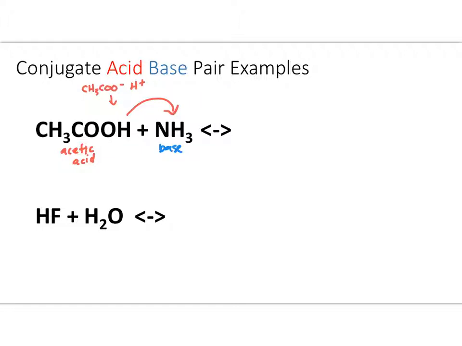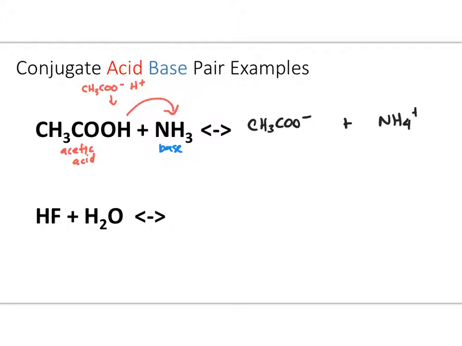Okay, so what we're going to produce here on the right-hand side, obviously, is our acetate ion and NH4+. And if we just follow the protocol of what happens with the base and the acid in terms of proton transfer and acceptance, we'll get our correct products.